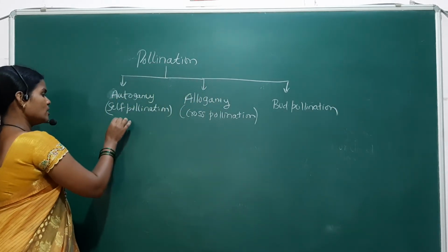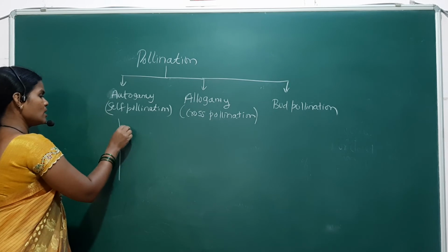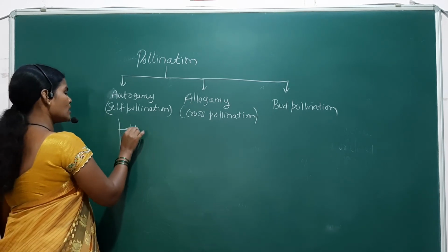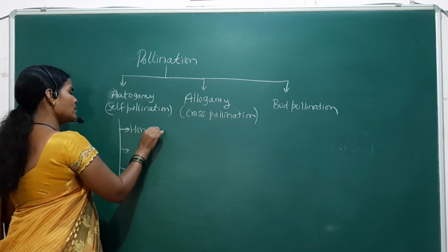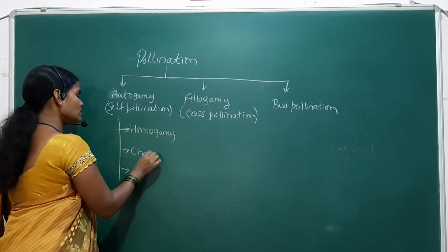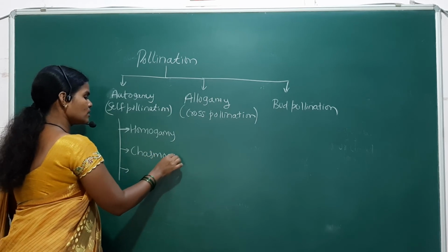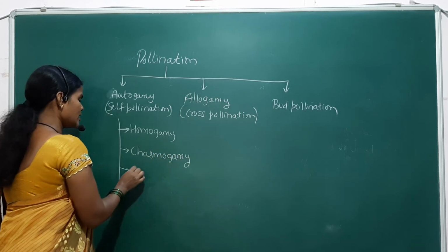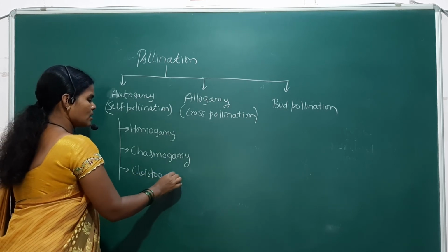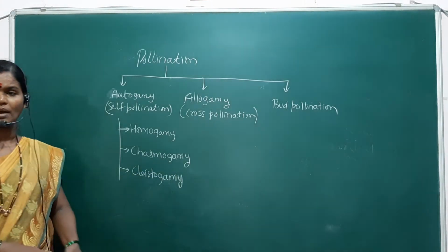Once again, in autogamy we are going to see three conditions: homogamy, chasmogamy, cleistogamy.